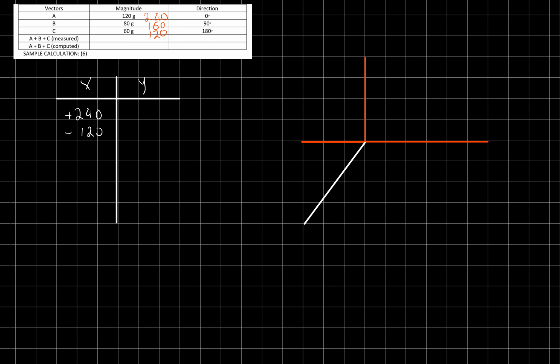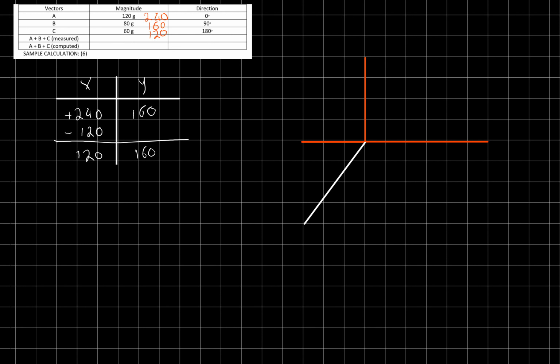In the y components, we have just a positive number in the positive y direction, 160. So if you're looking for the resultant force, the x is going to be 120 and the y component of that is going to be 160. That's the resultant force there.